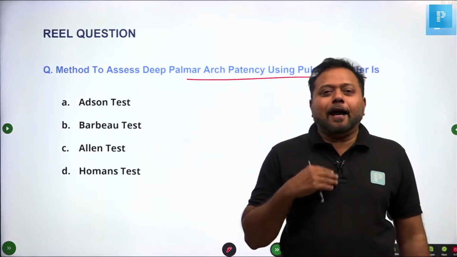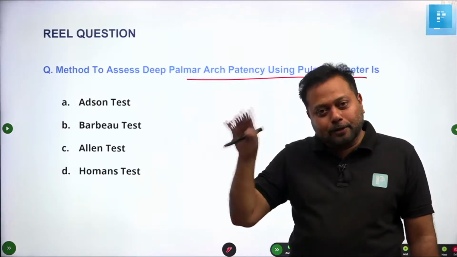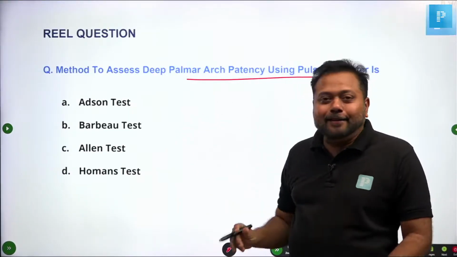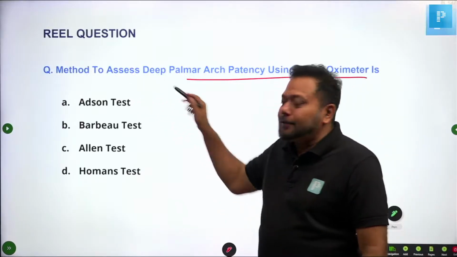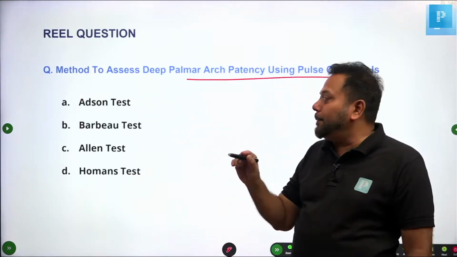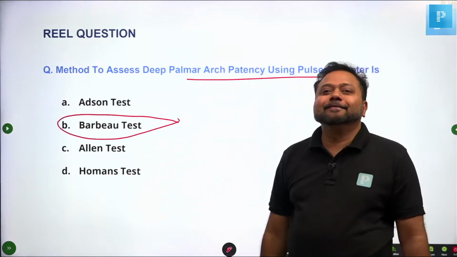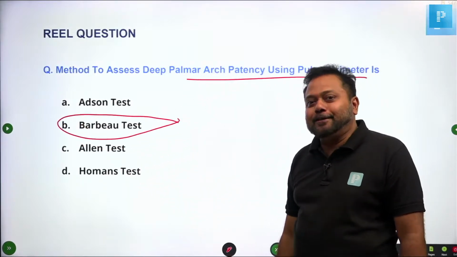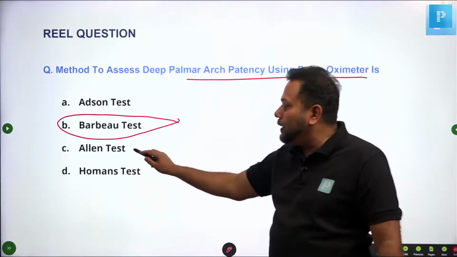This question I have framed. This is not the original question of the bank. The original question is coming next. See, this is a slippery question, dear guys and girls. Method to assess deep palmar arch patency using pulse oximetry is called Barbeau's test. Method to assess deep palmar arch patency clinically is called Allen's test.